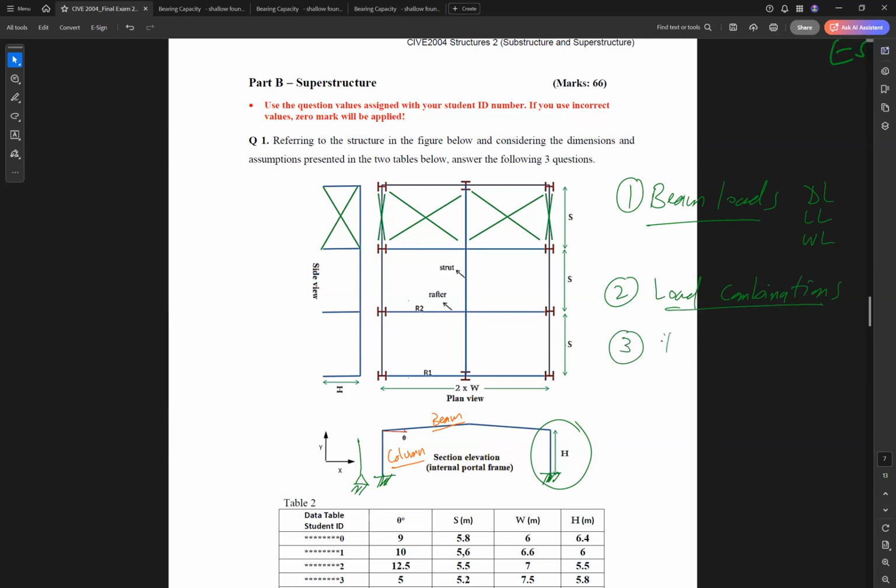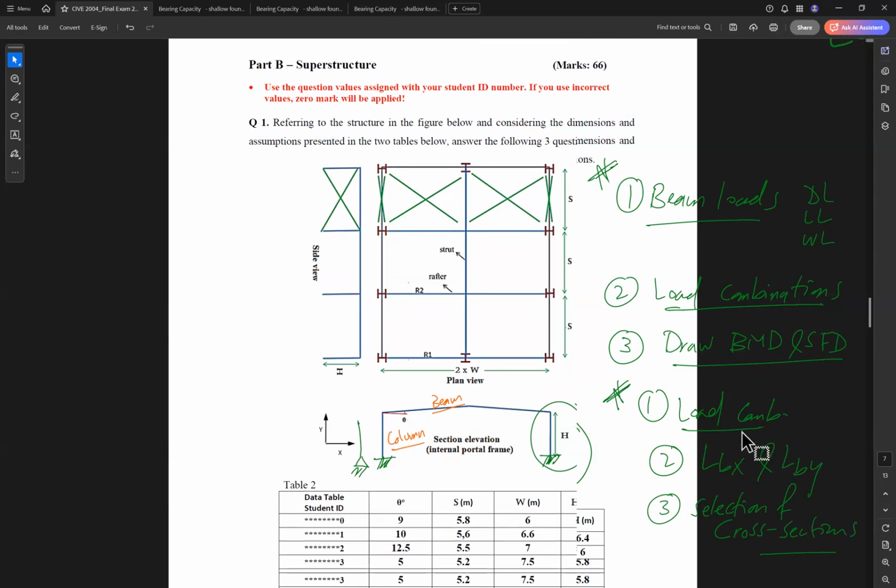Number 3 is drawing the bending moment diagram and shear force diagram for the beam. This is for beams. For columns, we have the load combination again, and LBX and LBY. Number 3 is selection of the section using what? The charts.